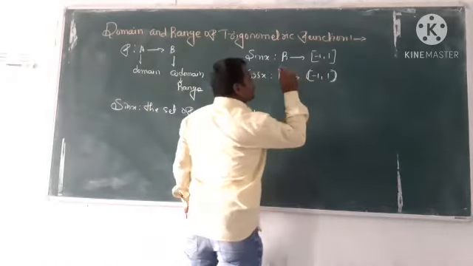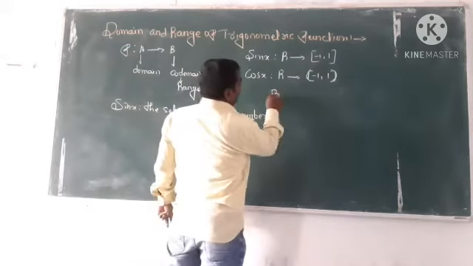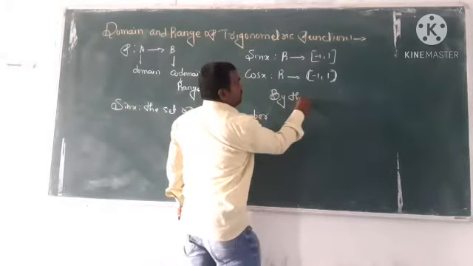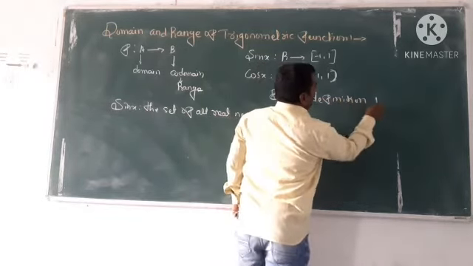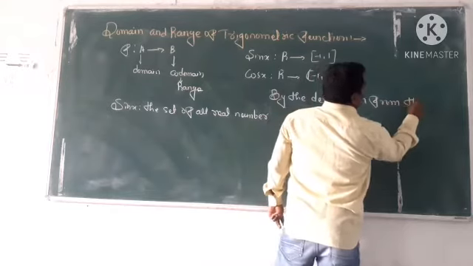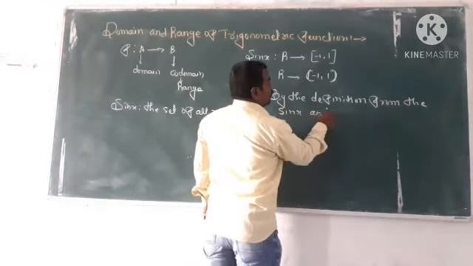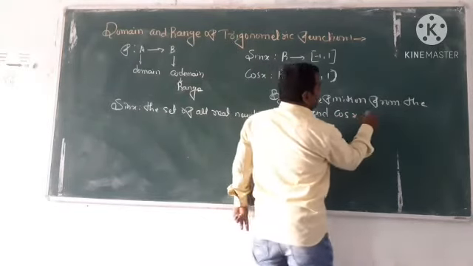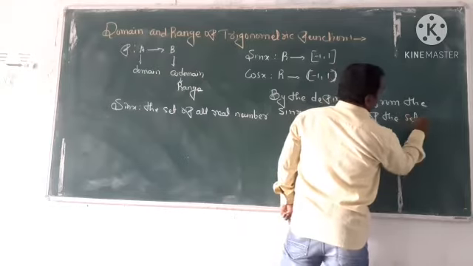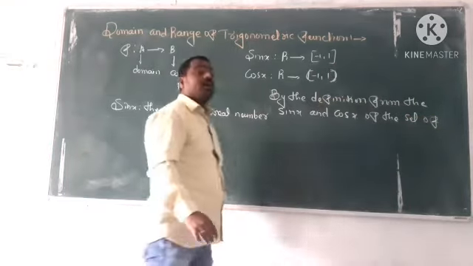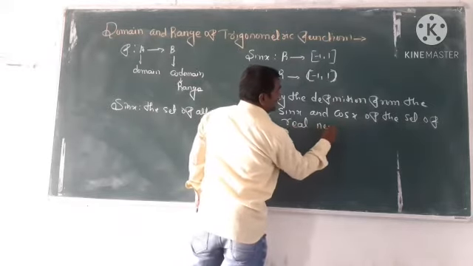So by these two, by the definitions of sin x and cos x, the domain is the set of all real numbers.